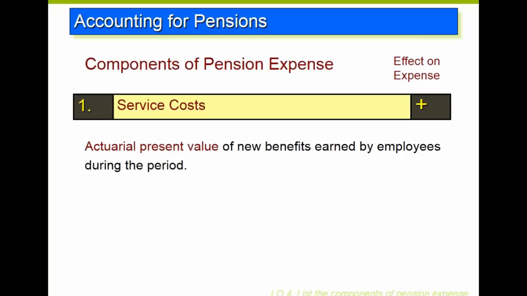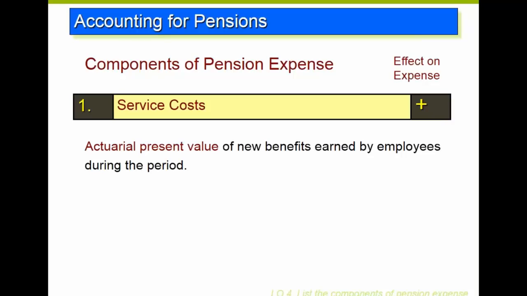So what we're talking about here, and I'll go through these definitions, make sure that we understand these. Service cost is the actuarial present value of the new benefit earned by employees during the period. Again, we're looking at it from the perspective of from last year to this year. We're looking at our financial statements.